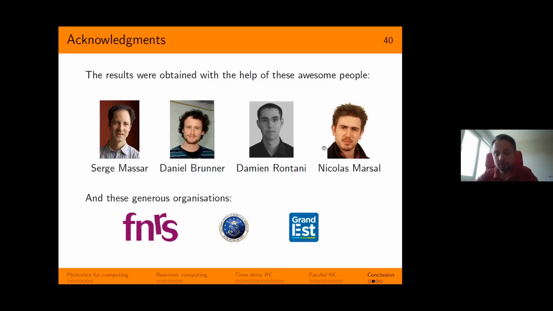Then Damien Rontani and Nicolas Marsal, who are my colleagues at CentraleSupélec in Metz, and also Daniel Brunner, who is a researcher at FEMTO-ST in Besançon. And with those three, we developed together the free space system, the large-scale setup based on the SLM, that we applied to the recognition of human actions in videos.